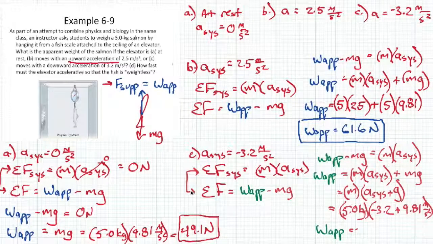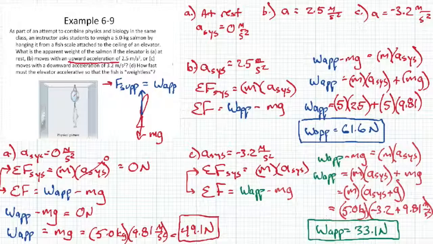Let's keep it green here. 33.1 newtons. So this elevator is accelerating downwards. Because it's accelerating downwards, it's providing less supporting force or less apparent weight to the fish. And therefore, that's why it registers a less weight.